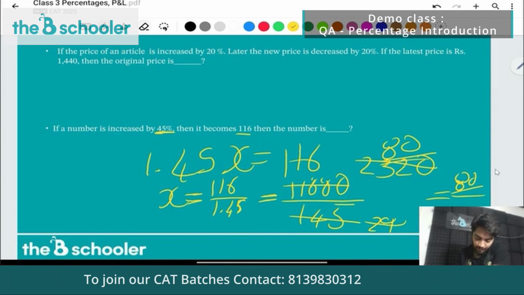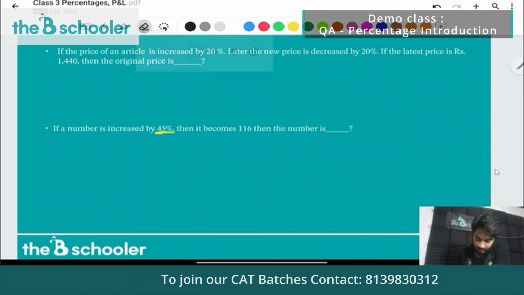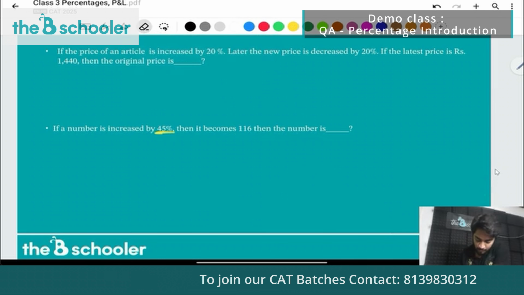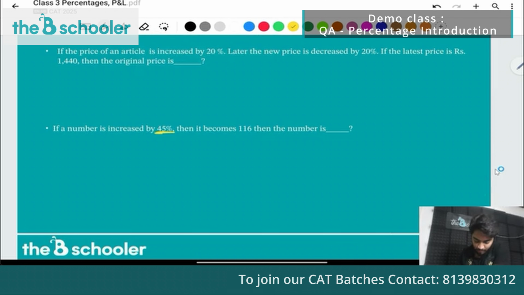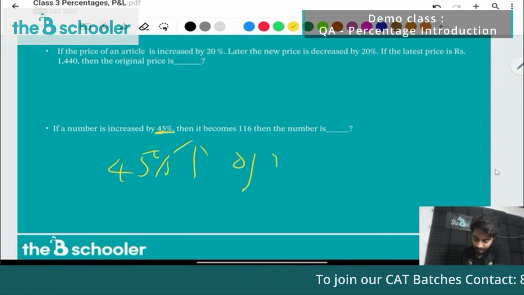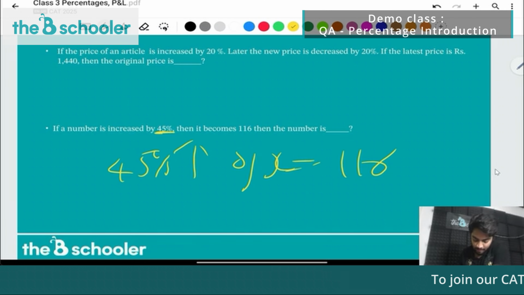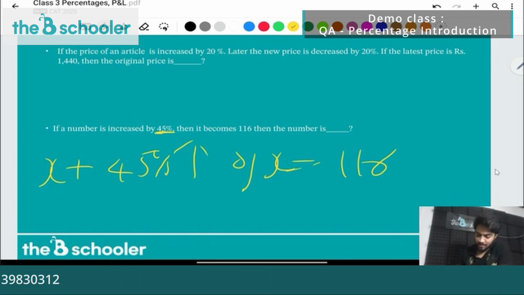One way, if I wanted to avoid calculation: 45 percentage increase of x is 116, that is after increase, so x plus 45 percentage of x is 116. So I'll go by trial and error, but I don't suggest it. Just doing a normal calculation here is a better way.